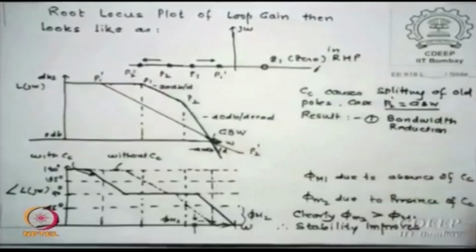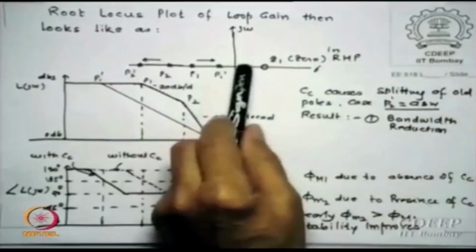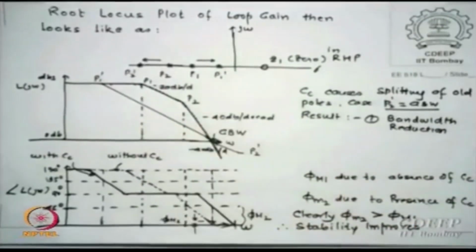If you keep splitting too much, this P1 may actually go into the right half plane. So you can't put CC as much as you like, and you suddenly find instability created because of P1 itself, okay. Is that clear? So all this talk so far, what have we said, as if this zero doesn't exist, it is very far away, we are not doing anything with it, but we can do something with it also.